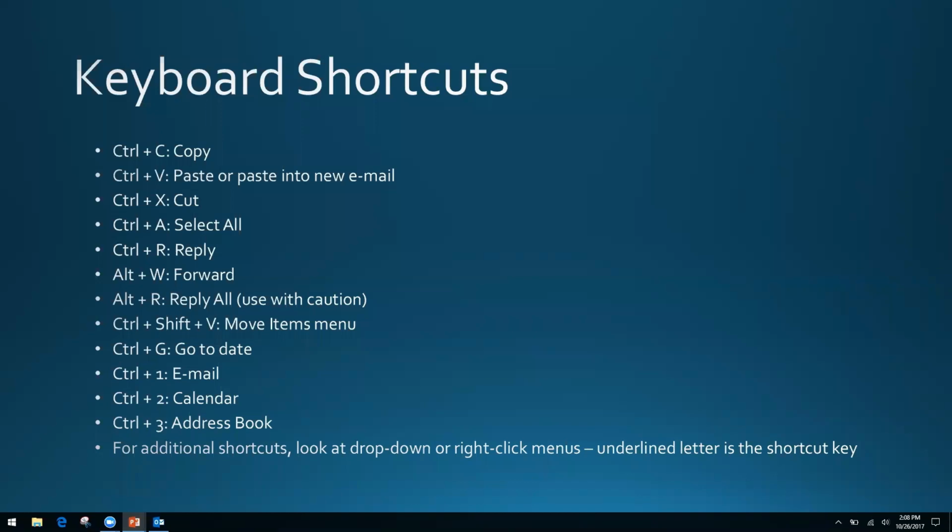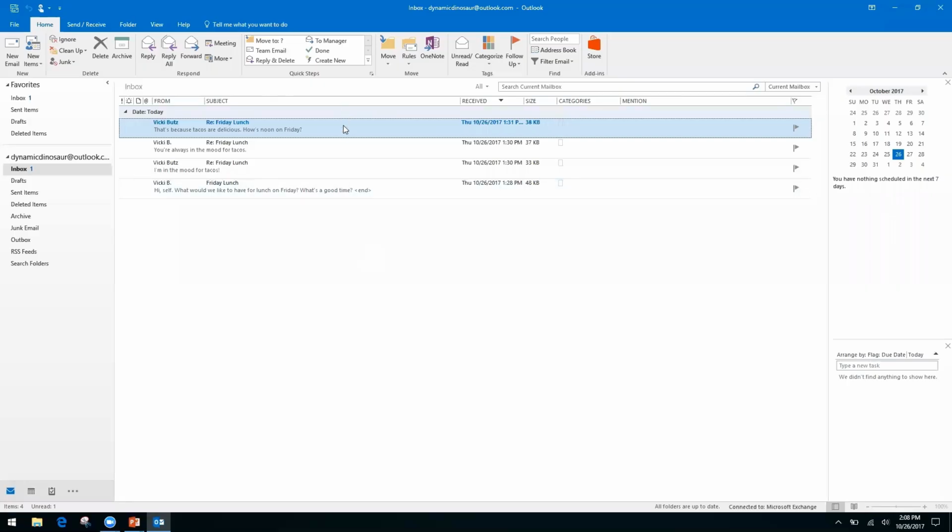So last one on this list is for additional shortcuts. If you right-click anywhere in Outlook or in any of the Microsoft programs, you will see that there are underlined letters on the menu. So if you forget what it is that you are looking to do, or if you forget what the hotkey is, right-click where you want to go and look at the menu options.